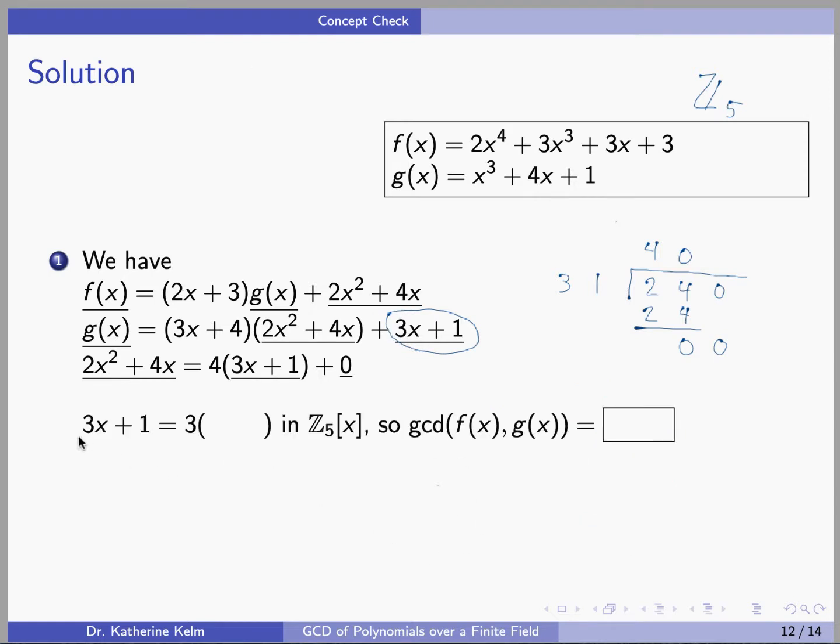So in order to get the GCD, we simply have to factor out our leading coefficient of 3 to get the monic greatest common divisor. When we factor out a 3, we get x plus whatever we have to multiply 3 by to get 1, which is 2. So the GCD of f of x and g of x is x plus 2.